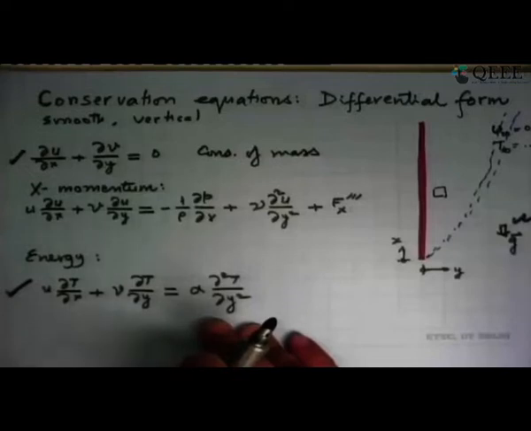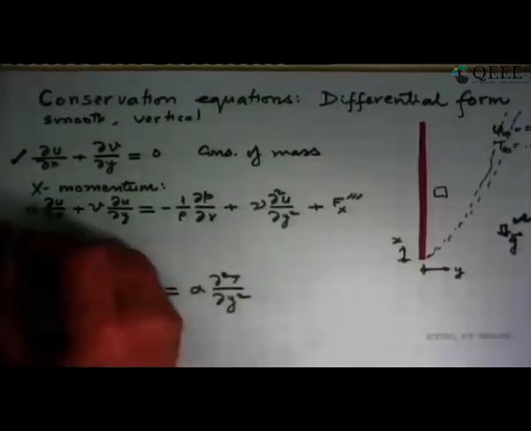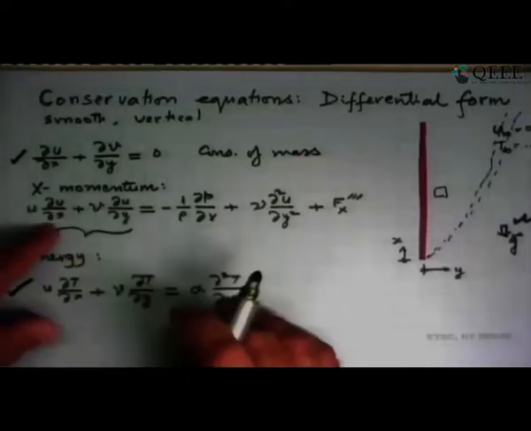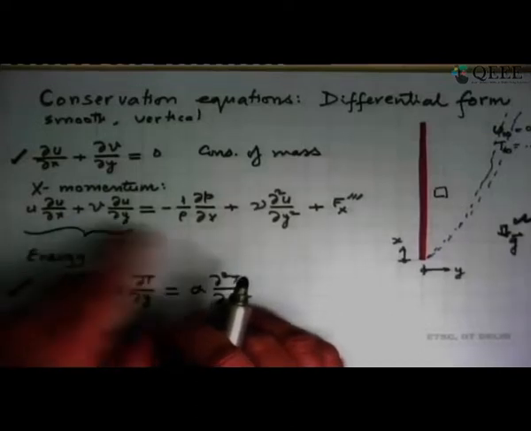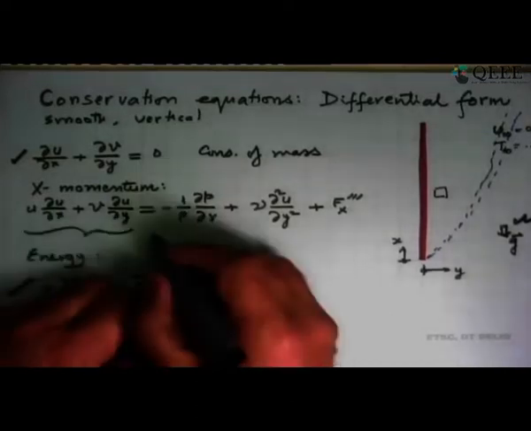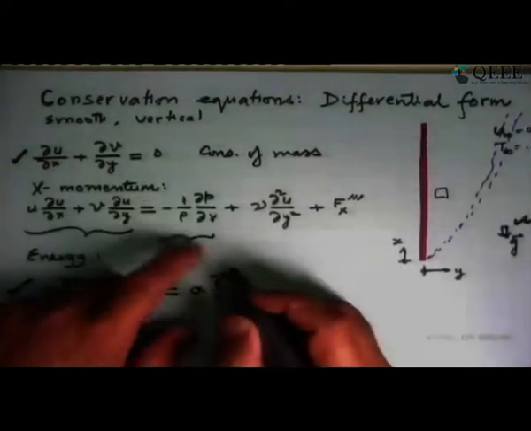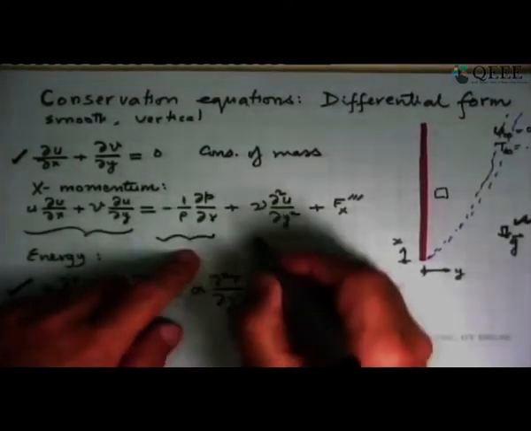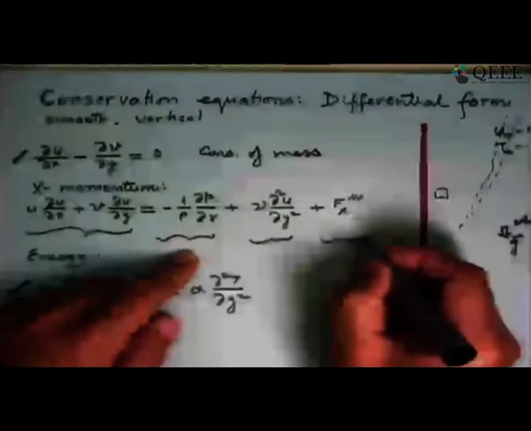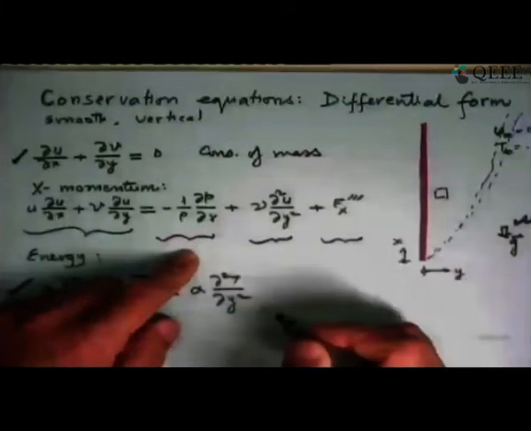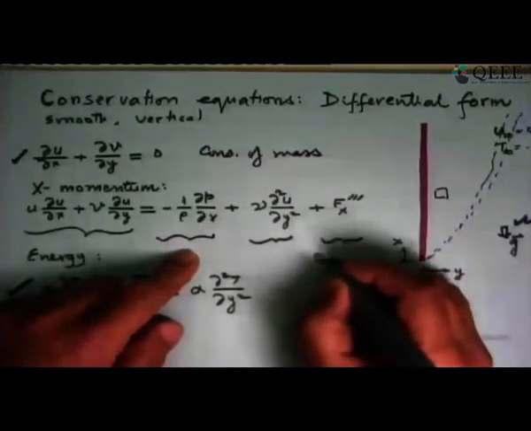The difference comes in the x momentum equation. So the left part here, u du/dx plus v du/dy, is the same. Then comes the pressure term, minus 1/rho dp/dx. Then the viscous forces, and we have to now put here Fx triple prime, which is the body force.